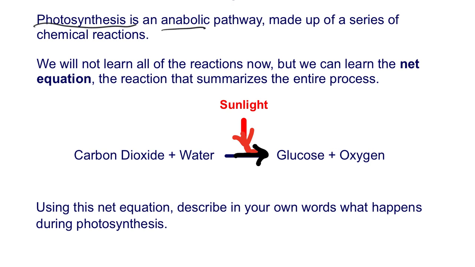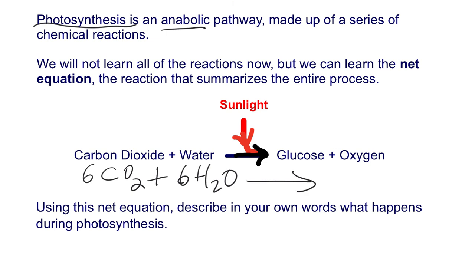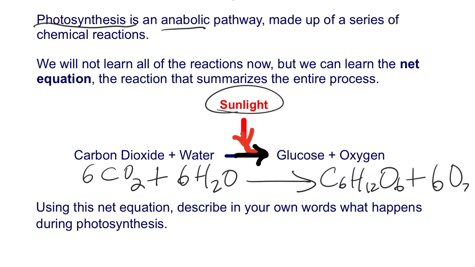So here's the equation for photosynthesis. Unbalanced, so 6 carbon dioxide, I'll balance it, plus 6 water molecules, plus sunlight, but sunlight's energy, so I don't write it, forms glucose C6H12O6 plus 6 oxygen.